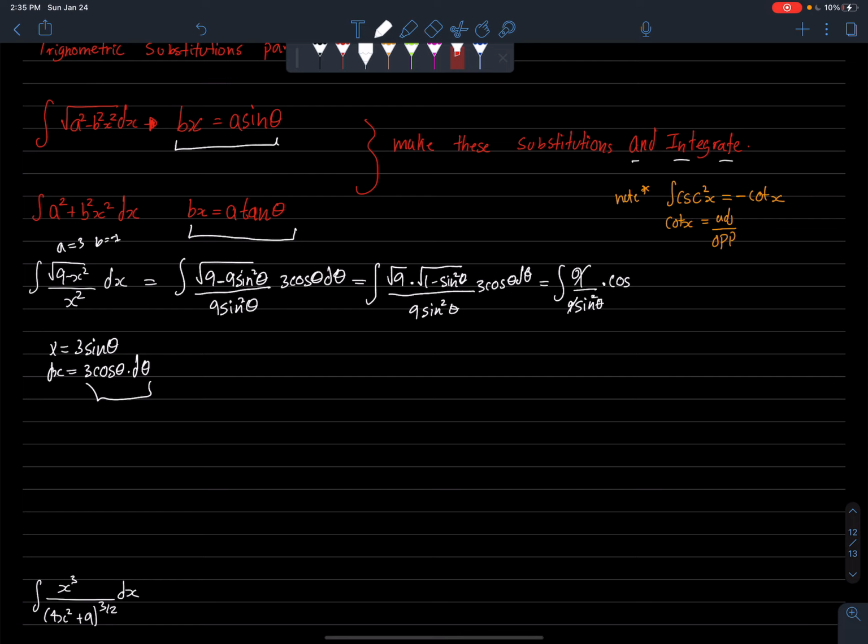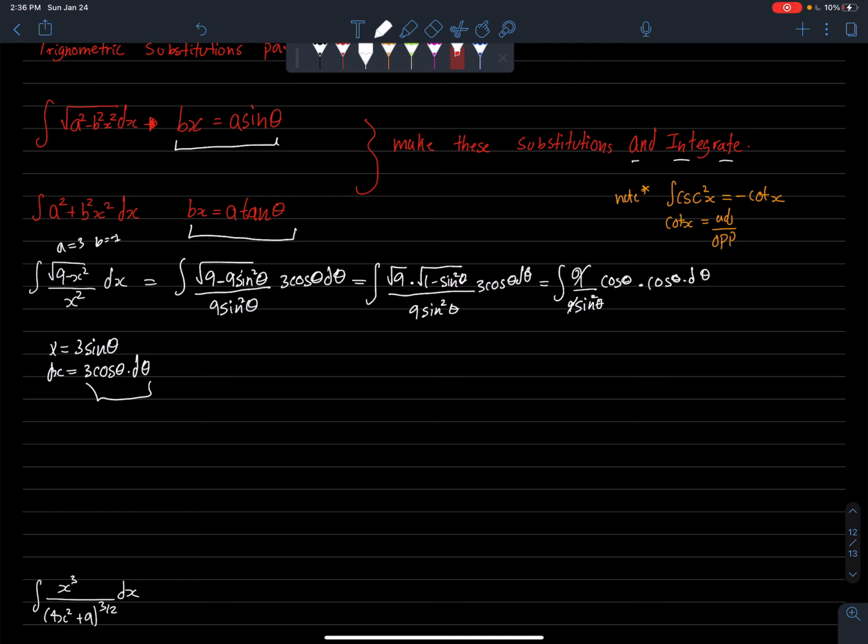So the 9's cancel out. So now we have cos on the top, right? This was cos squared, but then it's rooted, so it just cancels out to cos. Cos theta times another cos theta d theta, right?